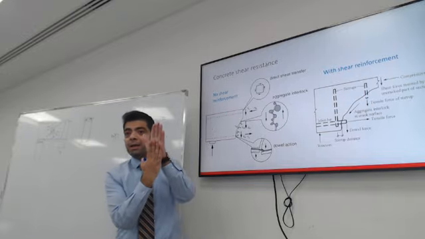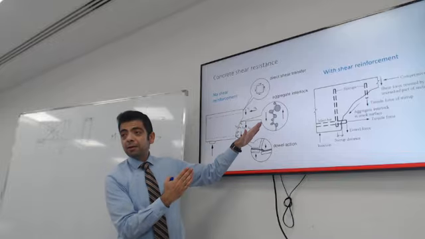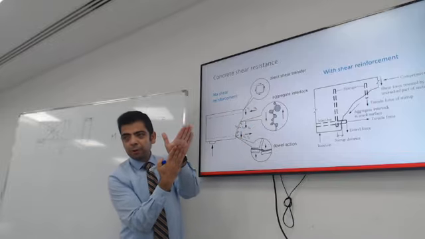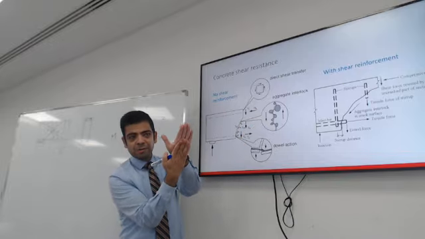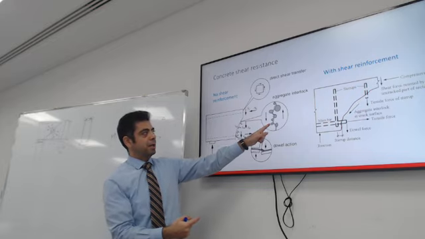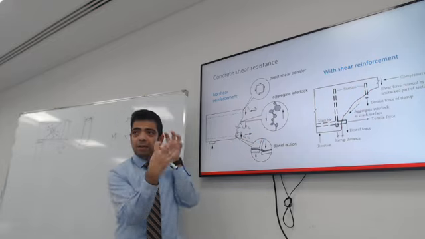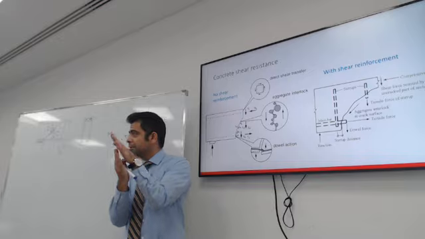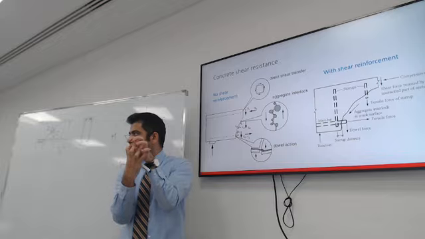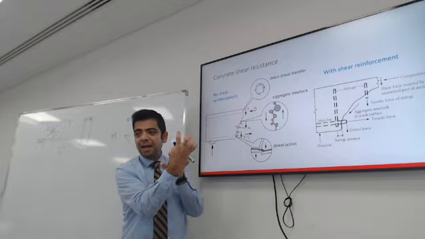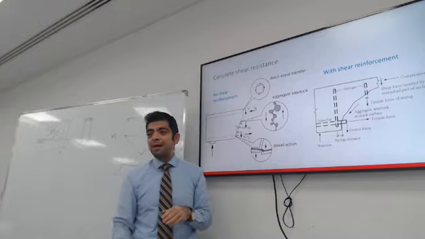The second part is that the crack has an angle, and in order for the 2 sides of the concrete to slide, there is the aggregate interlock. It's not a smooth surface, it's a very rough surface, and this adds additional shear capacity.